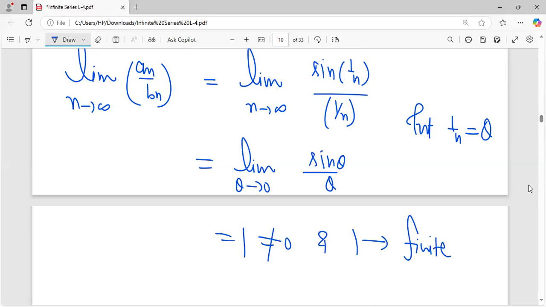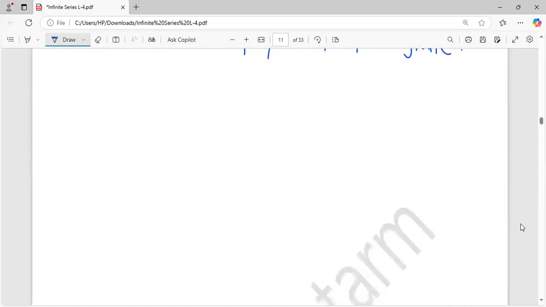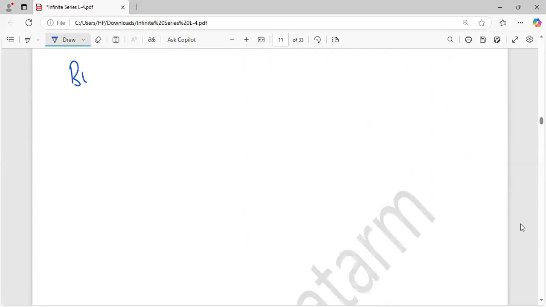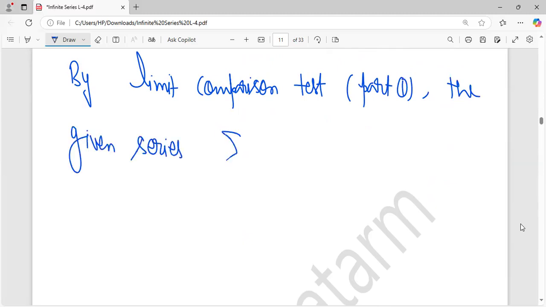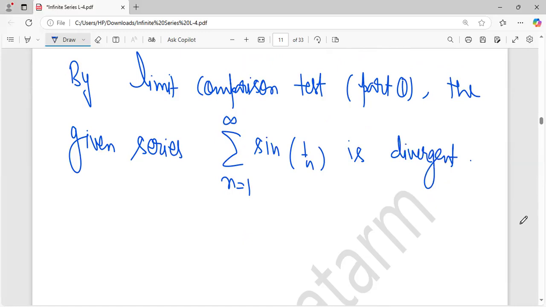So limit is finite and non-zero. By limit comparison test part 1, the given series summation n goes to 1 to infinity sine 1 upon n is divergent, because summation bn series is divergent.